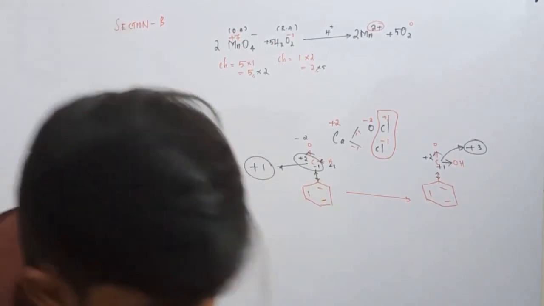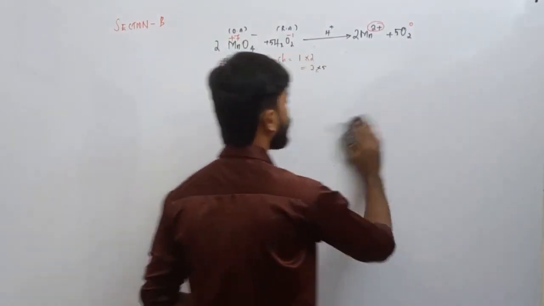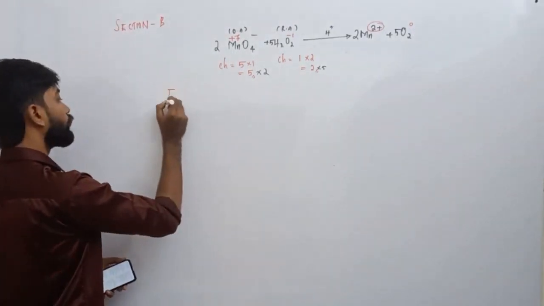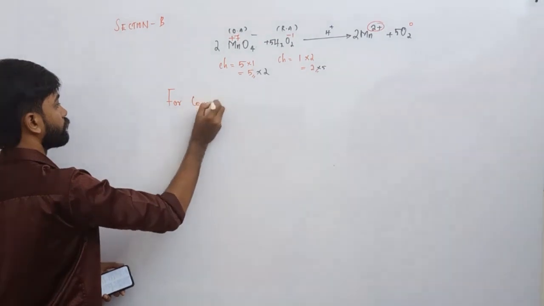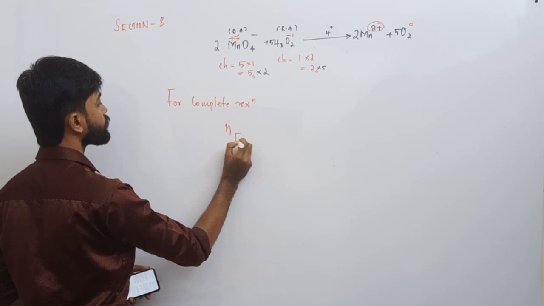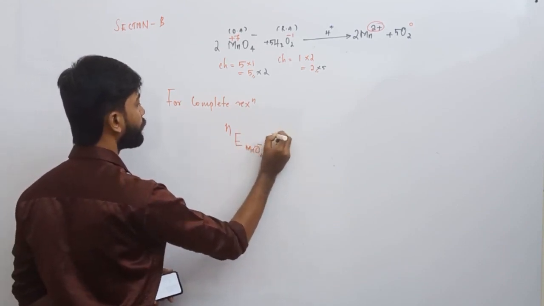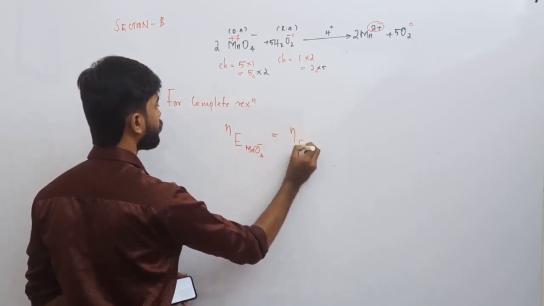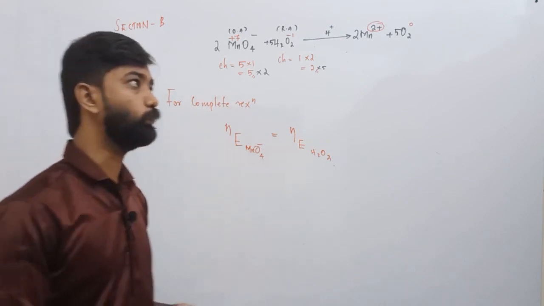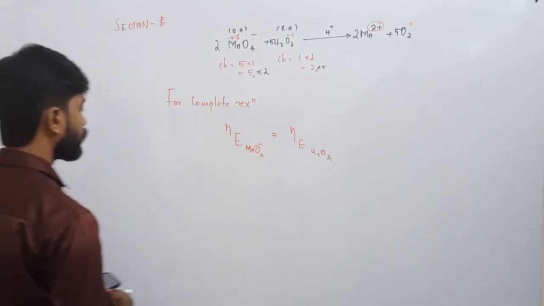And you know that for a complete reaction, listen carefully, the number of equivalents of MnO4 minus will be equal to the number of equivalents of hydrogen peroxide, right?